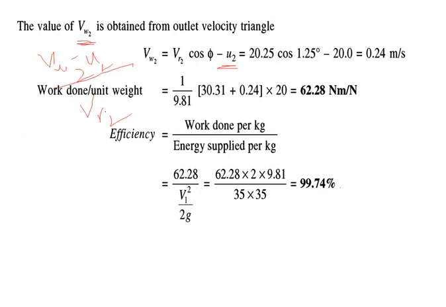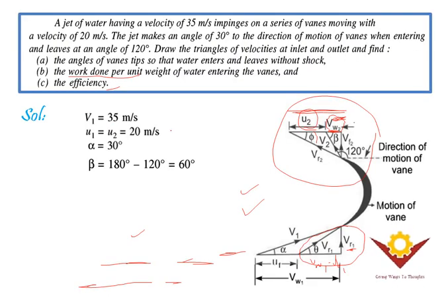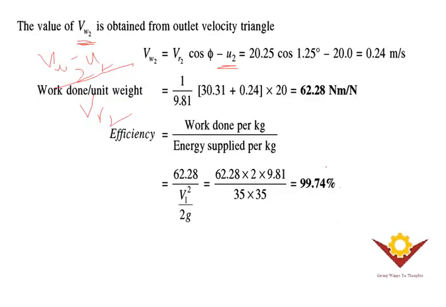Right? Now see here. This is your VW2, U2 and this is your VR2. So from this total triangle, what you're going to get is cos pi equals VW2 minus U2 divided by VR2.